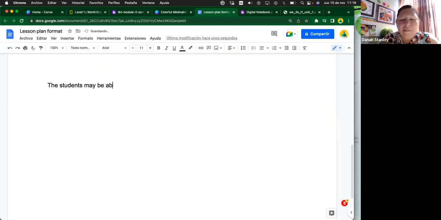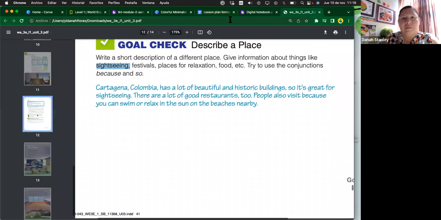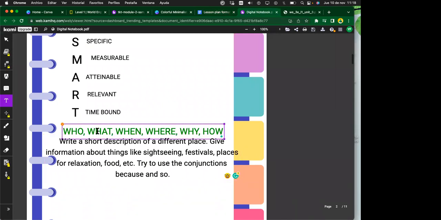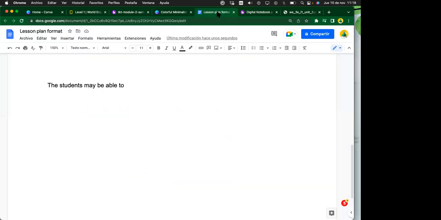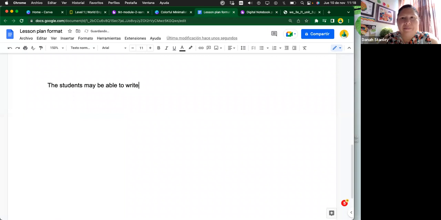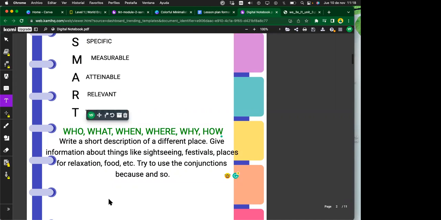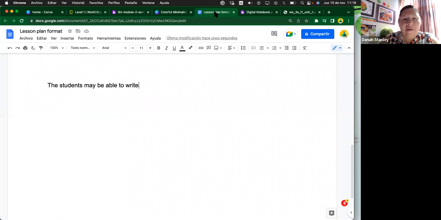May be able to what? What they are going to do? To write. To write. What? The description of a place they like or any. A description. A description.